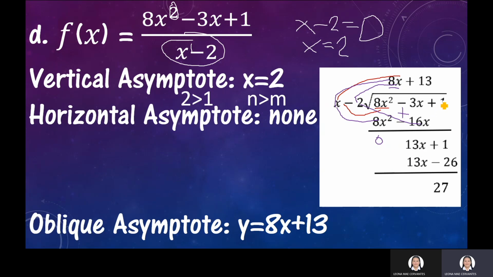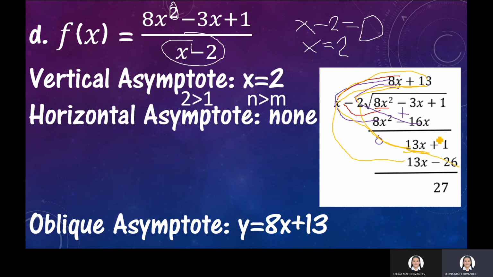Next, 13x, then bring down the plus 1. So, 13x divided by x, positive 13. Then, positive 13 times x, 13x. Positive 13 times negative 2, negative 26.